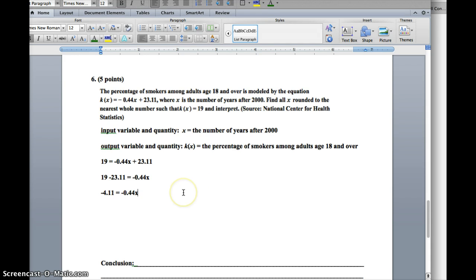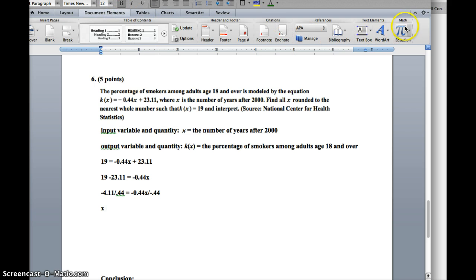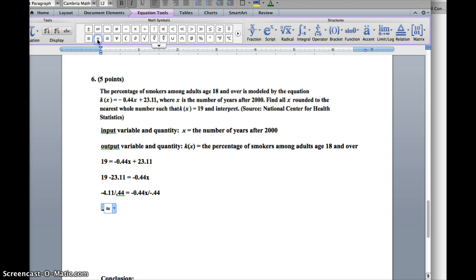And then we divide both sides by negative 0.44. And we end up with x is approximately 9.341. It says find all x rounded to the nearest whole number. So it's about 9.